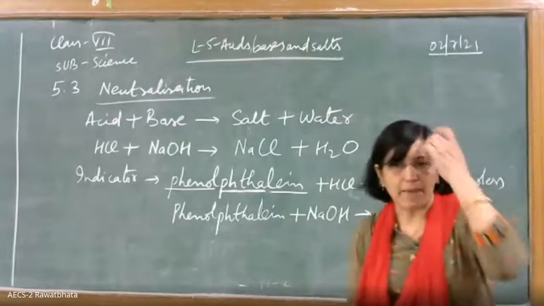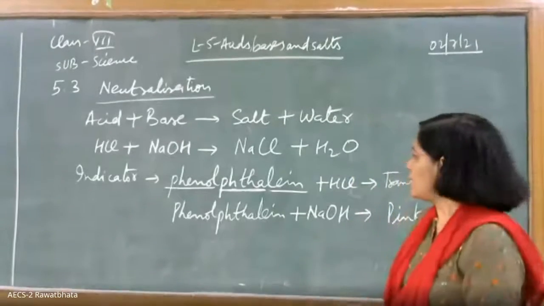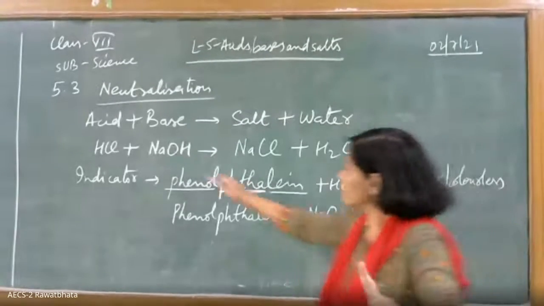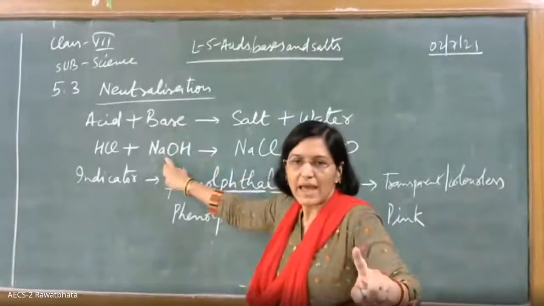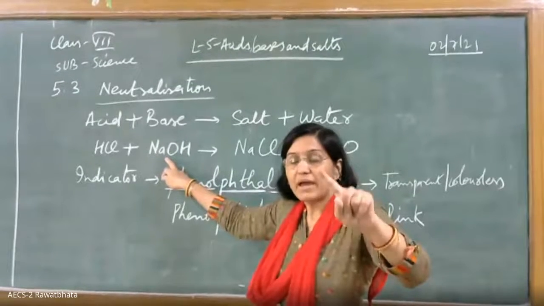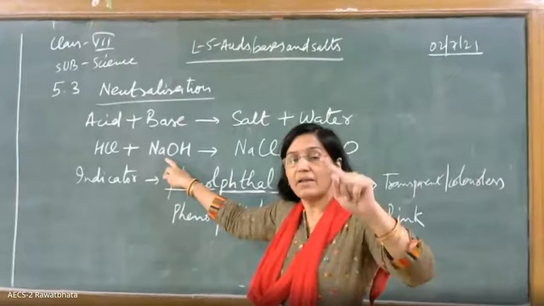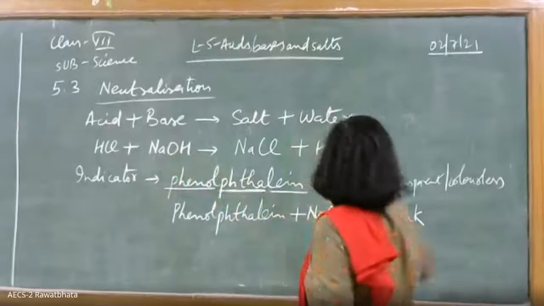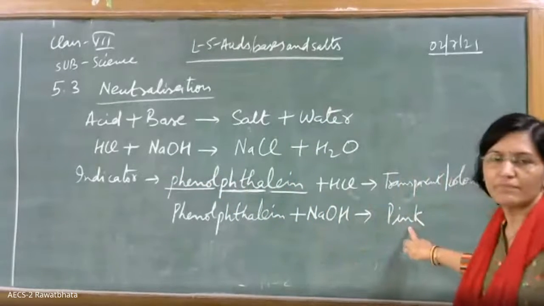Now let's see what has happened. If I have taken up NaOH, that is a base, as long as I have NaOH in the test tube, I will be getting which color? Pink color.